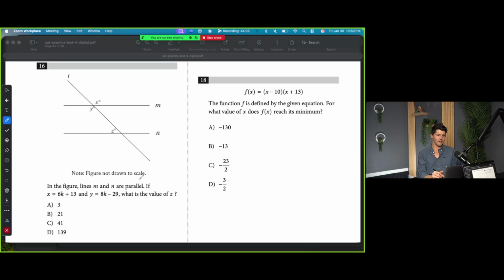Okay. So we would set those equal to each other, right? If X and Y are the same, then 6K plus 13 equals 8K minus 29. Okay, cool. So let's just take a couple steps here. I'll add 29 to both sides, and I'll subtract 6K from both sides.